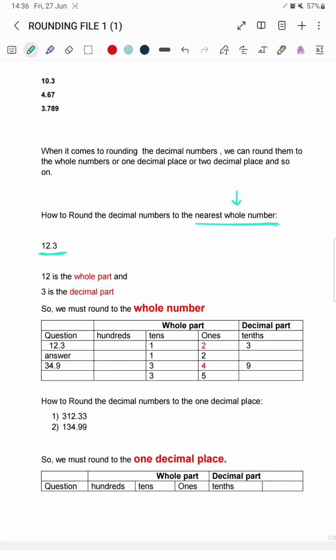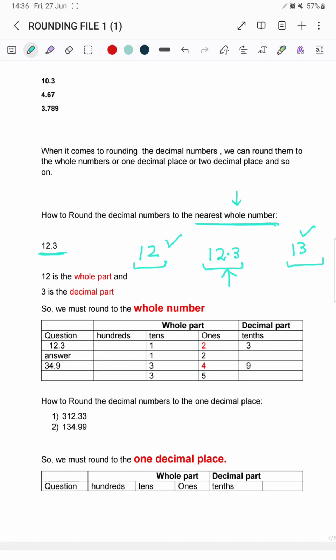This 12.3 lies between two whole numbers, and if you show it on the number line, it is between 12 and 13. So when I round 12.3 to the nearest whole number, my answer can be 12 or 13.